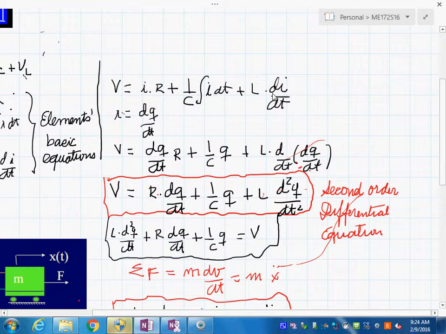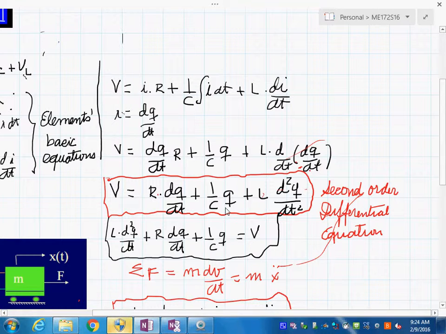So we say that I is equal to dq/dt and then replace it into this equation. We come up with the second order differential equation. Okay, so there we go. This is the second order differential equation as we have it in terms of q here. So that was the development of the differential equation for the circuit.